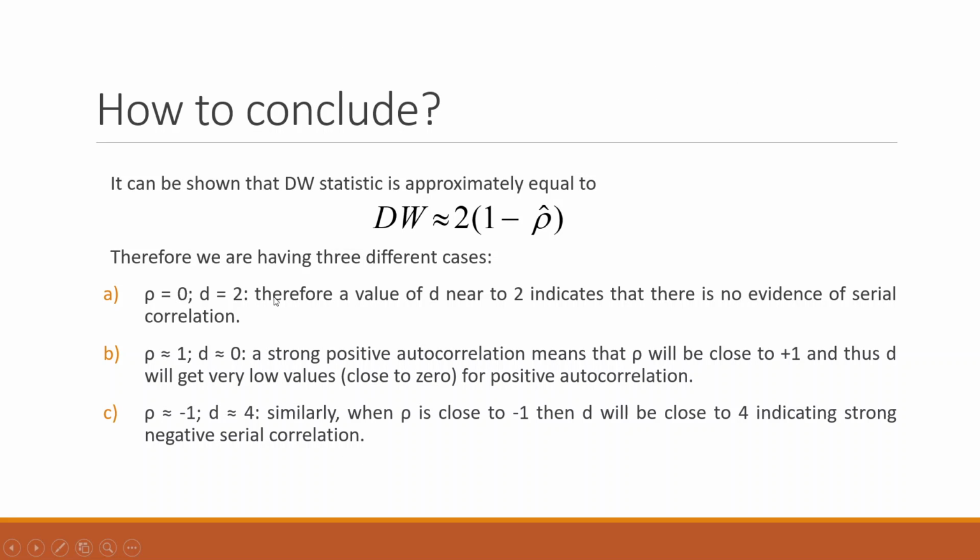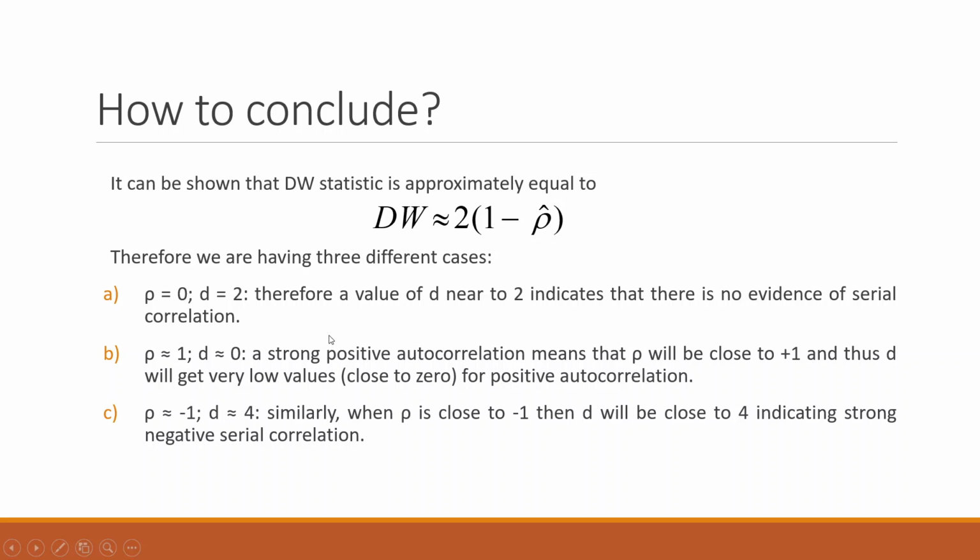Now, how to conclude it? If rho is equal to 0, D is equal to 2. Therefore a value of D near 2 means that we don't have any autocorrelation, indicating there is no evidence of serial correlation. The Durbin-Watson statistic's ideal value is 2.